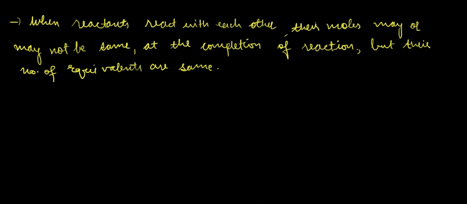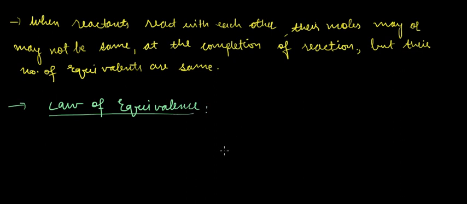Okay, so now let's see the law of equivalence. The number of equivalents of A reacted is equal to the number of equivalents of B reacted, which is equal to the number of equivalents of C formed or produced.